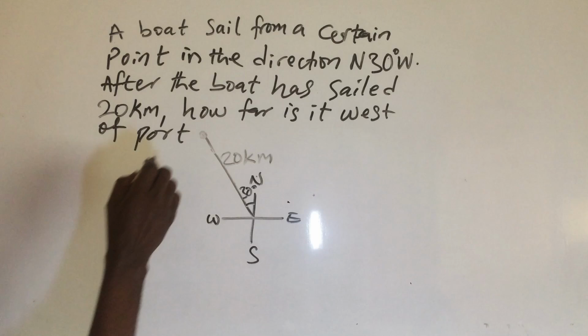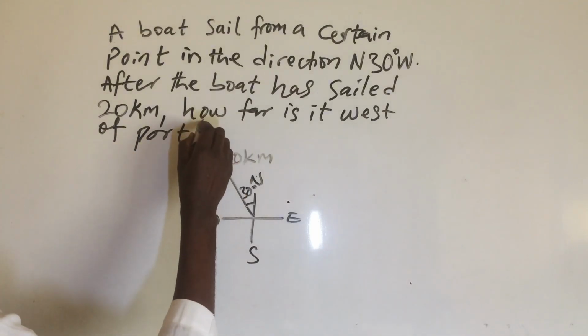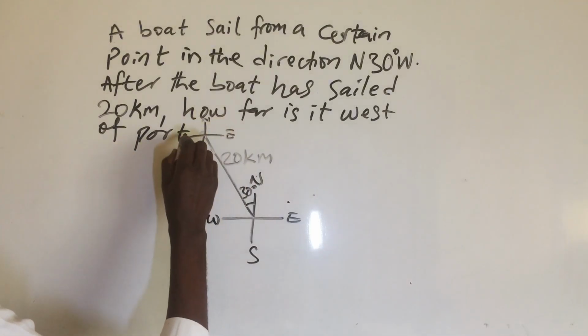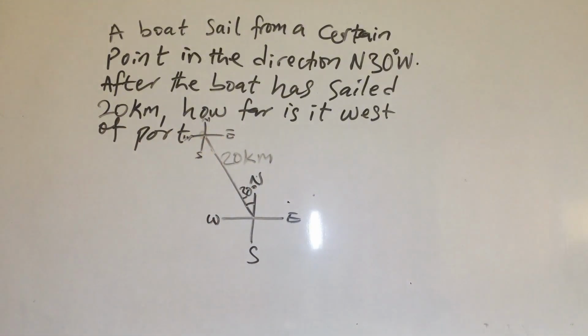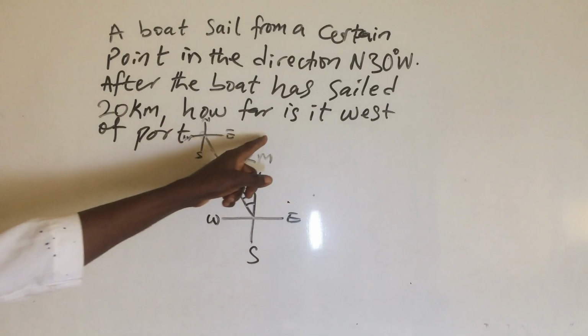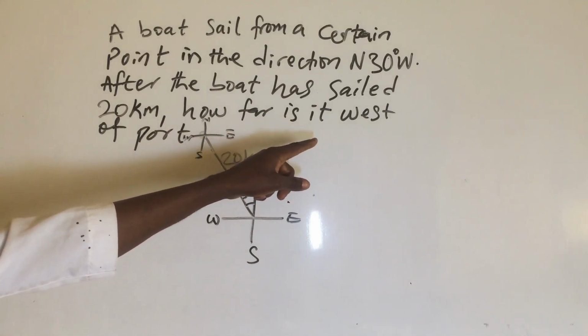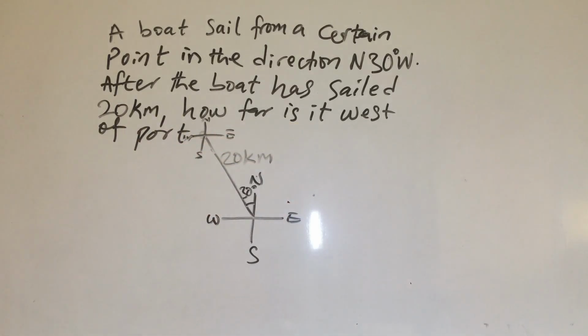And we still have our four cardinal points: north, east, west, and south. Now they ask us, from this place, how far is it west of the port?